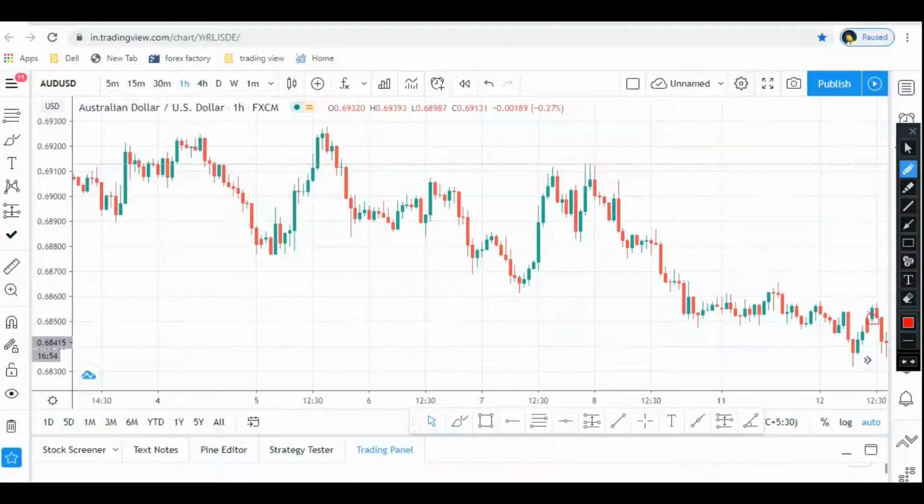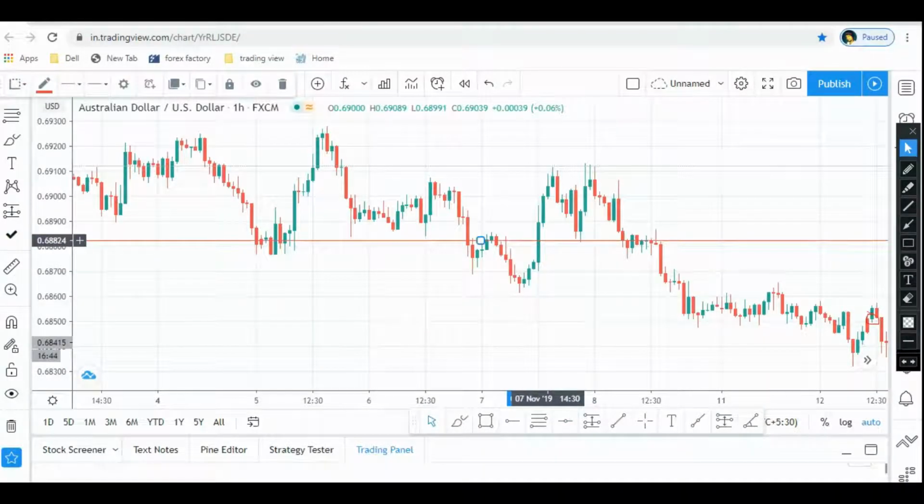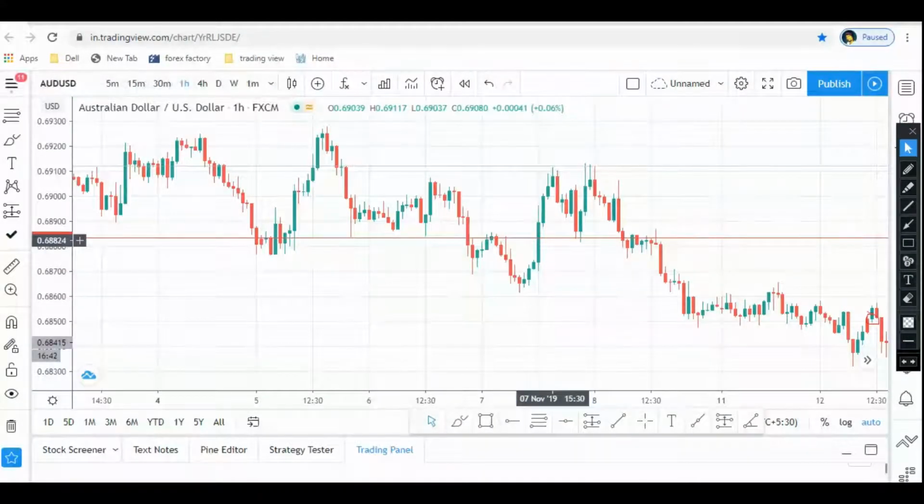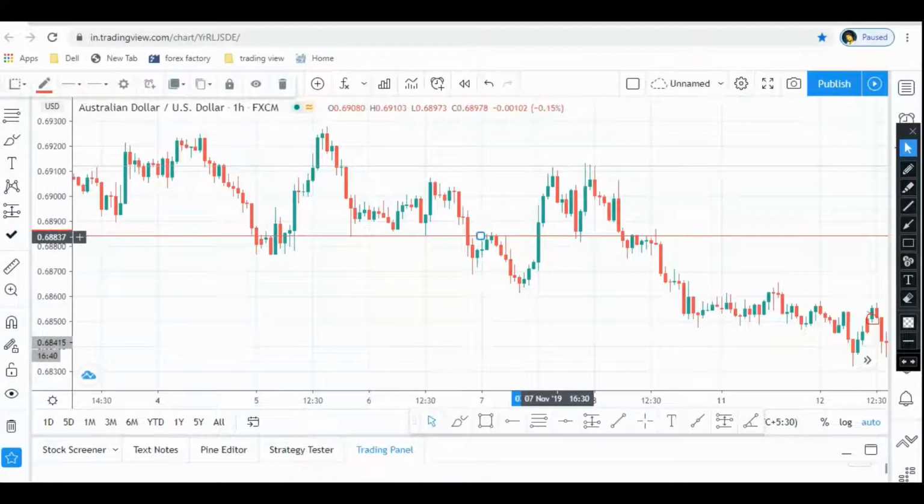So right now, as I can see, this particular area acted as a support. Very good. This particular area, but by the way, price touched this area. Did you see? It already created a resistance.